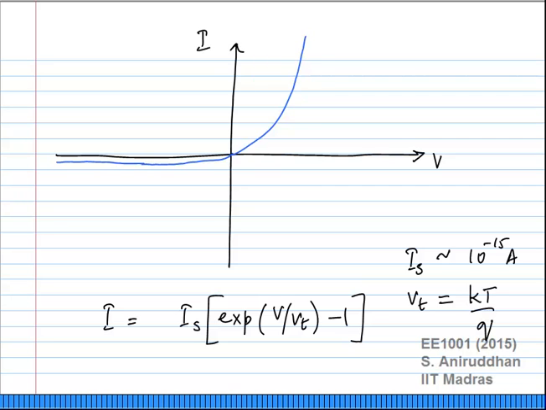As soon as V by Vt goes larger than maybe 4 or 5, you automatically have the first term much larger than 1. So in many cases you will find an approximation for this relationship, maybe in this region.